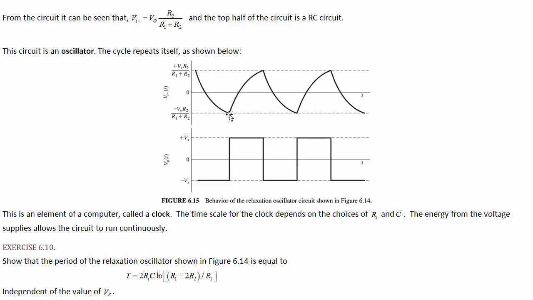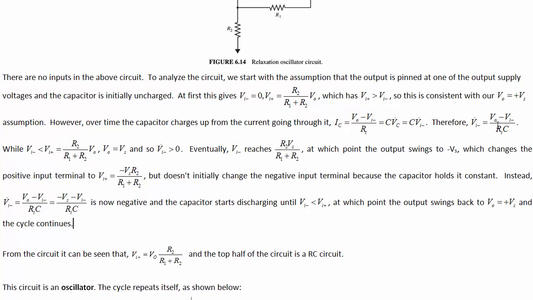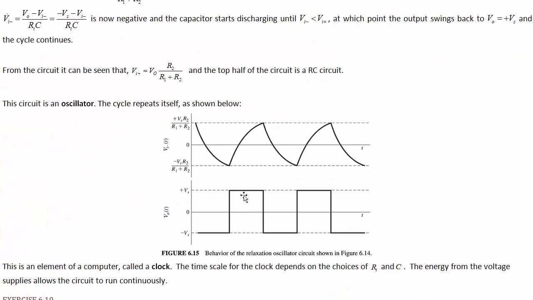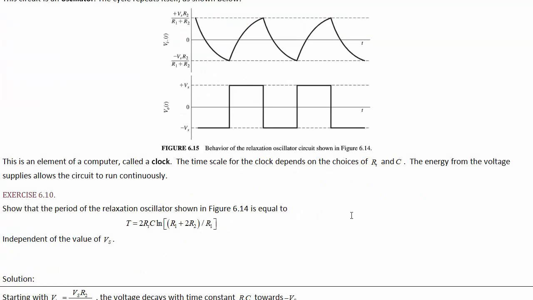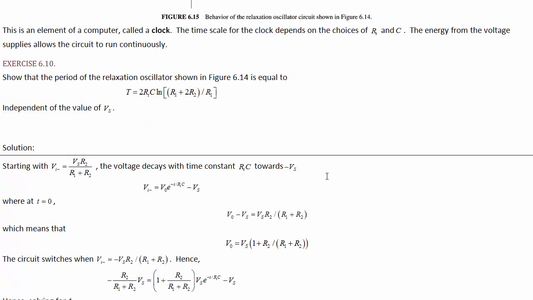By symmetry, you can say that it should take the same time to get back up, but if you want, you can resolve the differential equation for the different output voltage, in that case of a positive voltage, and then find out the time that it takes to go back up. And then the total difference in time from that starting time to this time is the period of the relaxation oscillator.